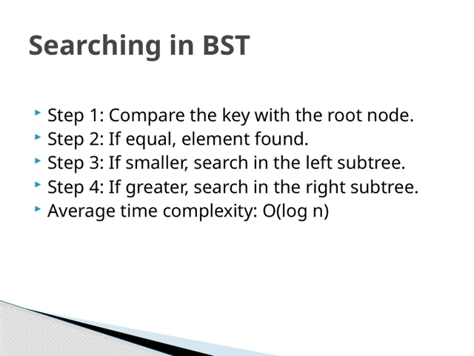One of the key advantages of this approach is its efficiency. On average, the time complexity is O(log n), which means it scales well even with large datasets. This is what makes binary search trees so powerful for search operations. They allow us to quickly locate elements by systematically narrowing down the search space.